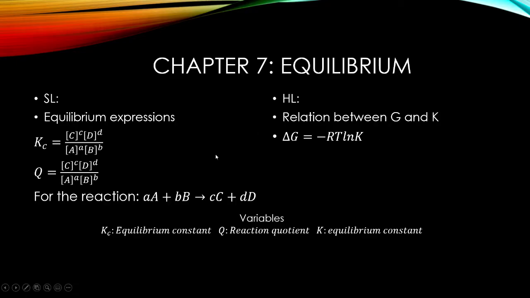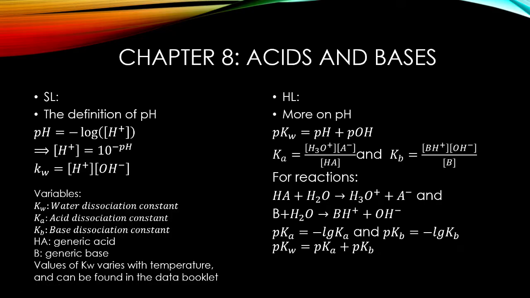So yeah, next chapter, acids and bases, the most heavy chapter on calculations. We do have a lot of calculations, especially for HL in this chapter. So the basics is just the definition of pH, where pH is the negative logarithm of the hydrogen or proton concentration.